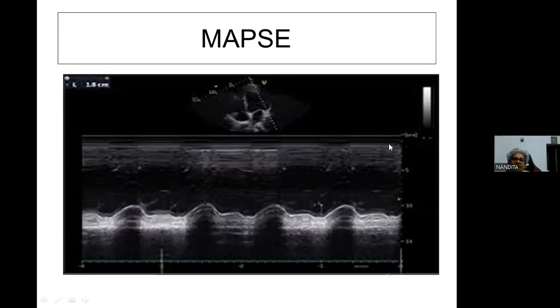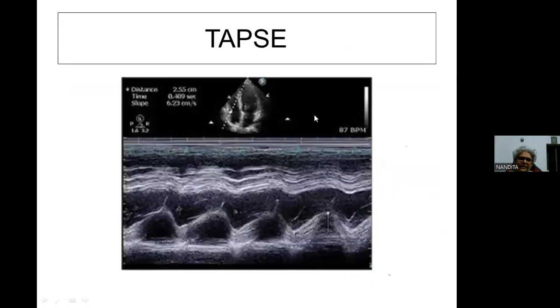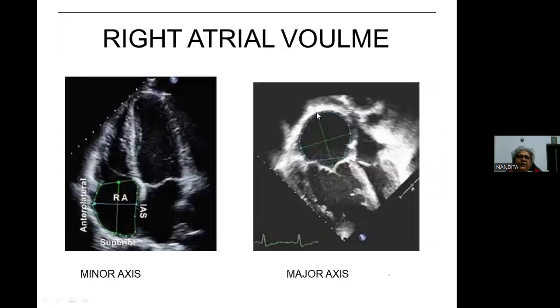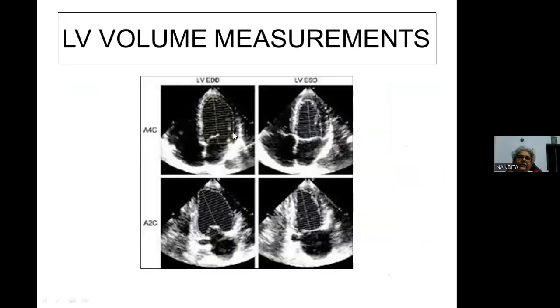See, when you are measuring by the modified Simpson's method, what it actually does is cut the ventricle into about 20 to 22 diskettes. I'll go to that slide. You see, when sir explains, you will see this also. Look at this. Can you see these lines over here? Yes.